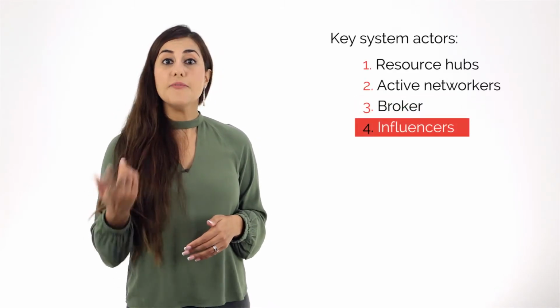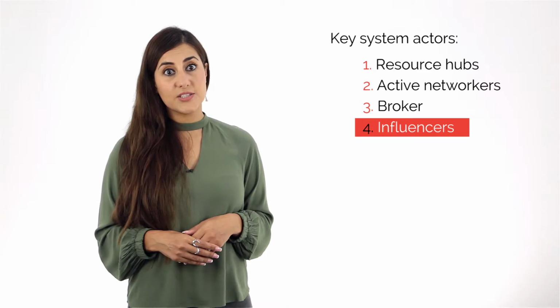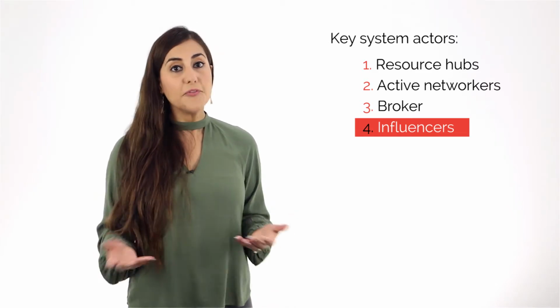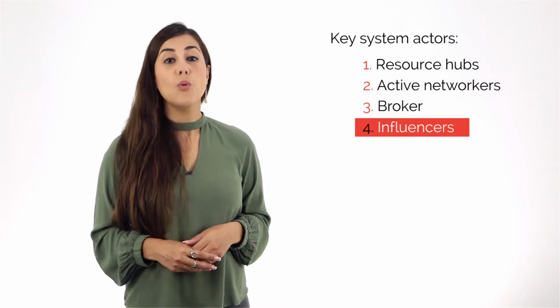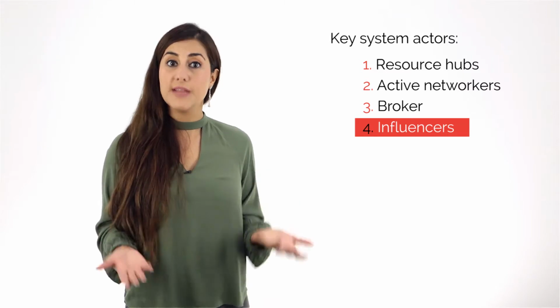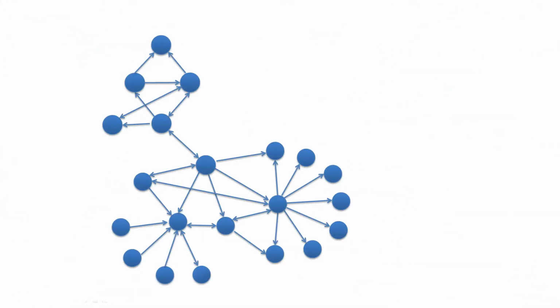Like brokers, influencers, the fourth key actor, have the potential to make meaningful connections. Influencers have relationships with other prominent actors, like resource hubs and active networkers. Here's an influencer. You can see that it is connected to this resource hub and this active networker.